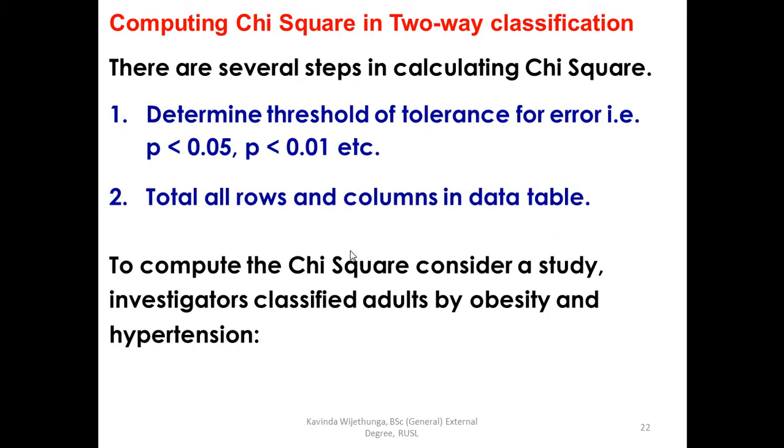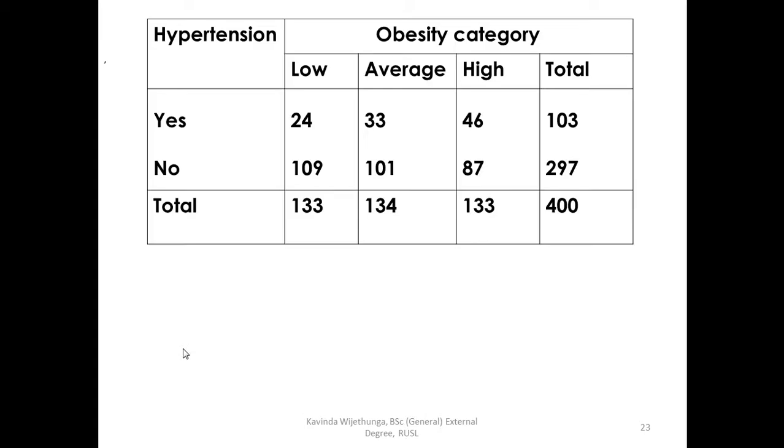To compute the chi-square, consider a study. Investigators classified adults by obesity and hypertension, and that is the table. Obesity is classified as low, average, and high, and hypertension as yes or no. How many cells are there?